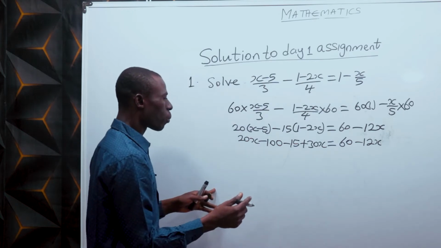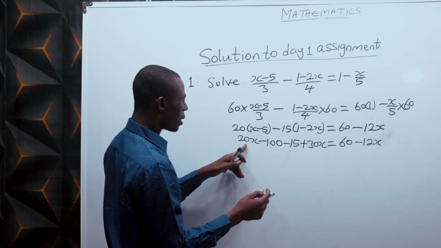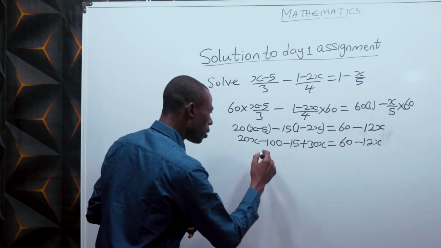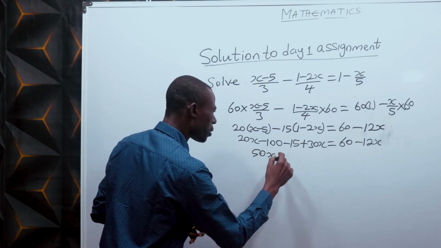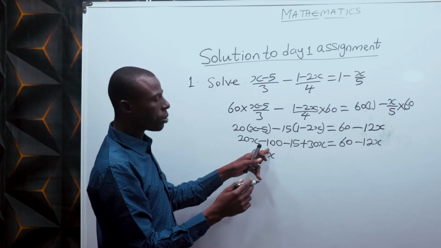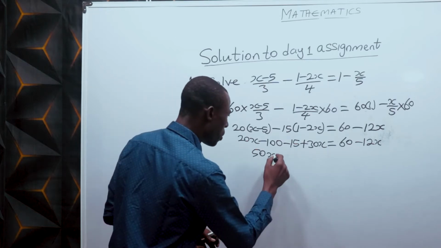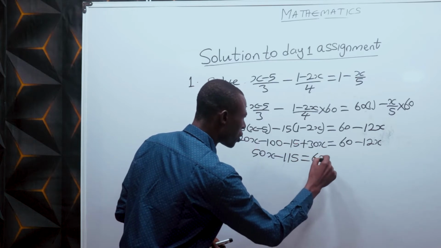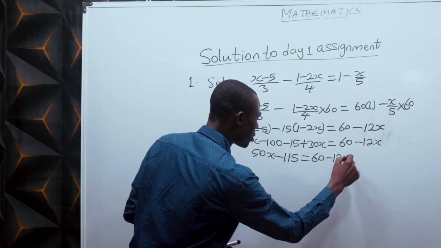From here, 20x plus 30x gives 50x. 50x minus 100 minus 15, that is minus 115, which is equal to 60 minus 12x.